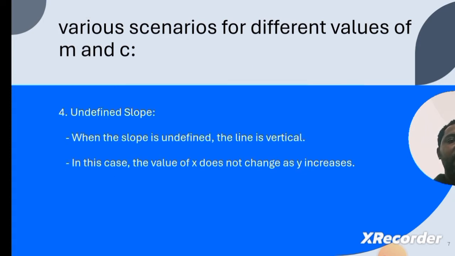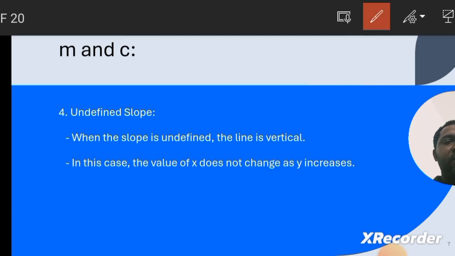Next is undefined slope. When the slope is undefined, the line is vertical. Let's say you have a graph and this is a vertical line. That's an undefined slope. In this case, the value of x does not change as y increases, which means x is constant. Remember, you're plotting a graph of y against x.